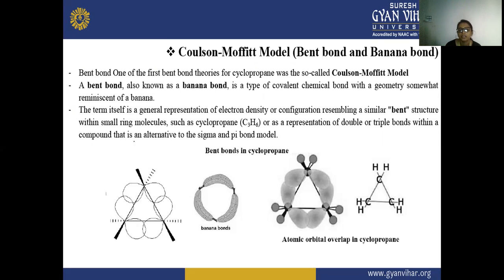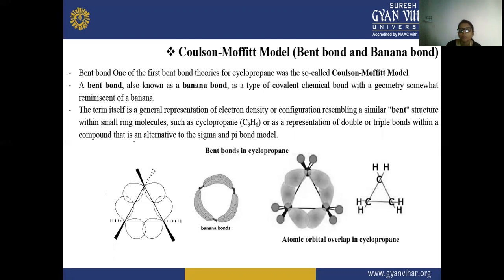This band model is a representation of double or triple bonds within a compound. This is the Coulson-Moffatt model, known as the bent bond or banana bond, and one of the first bent bond theories for cycloalkanes was the so-called Coulson-Moffatt model.